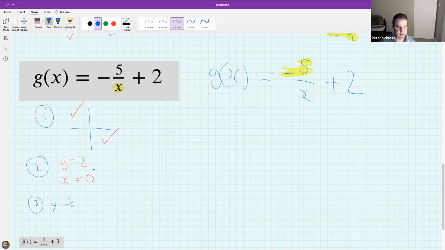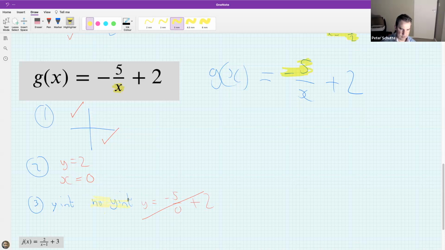Okay, now here, there actually is no y-intercept. And the reason there is no y-intercept is we cannot make x equal to 0. So if I try to do this, that's not allowed because you can't have division by 0, so there is no y-intercept.